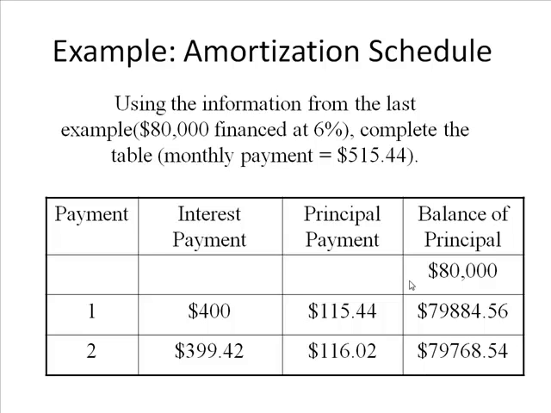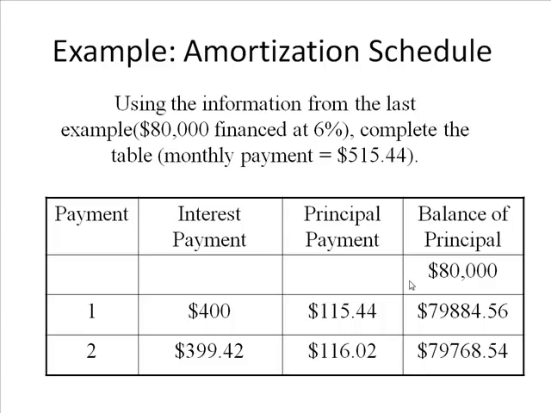Divide that by 12 because we only want 1 month's worth of interest, and you'll see that our interest payment is $400. Because our total monthly payment is $515.44, once we subtract the $400 interest that we owe, we have a balance of $115.44, which actually gets applied to our balance. At the end of the first month, we now owe $79,884.56.